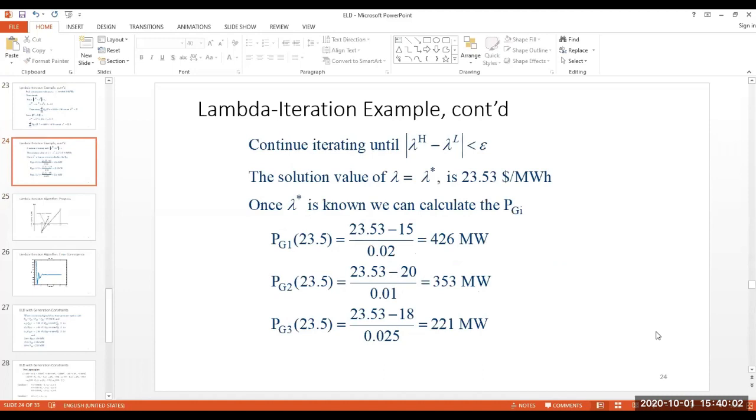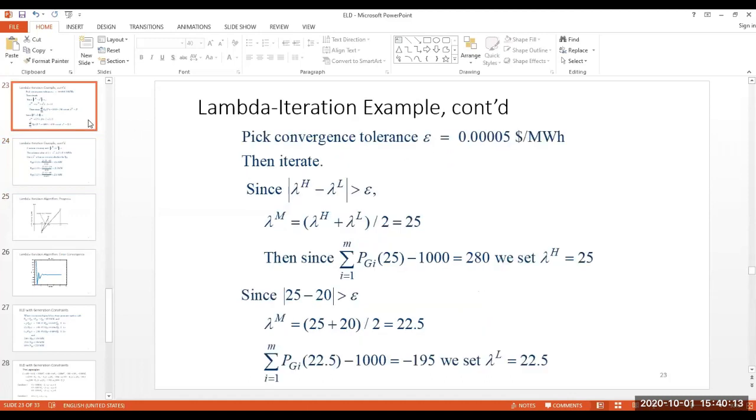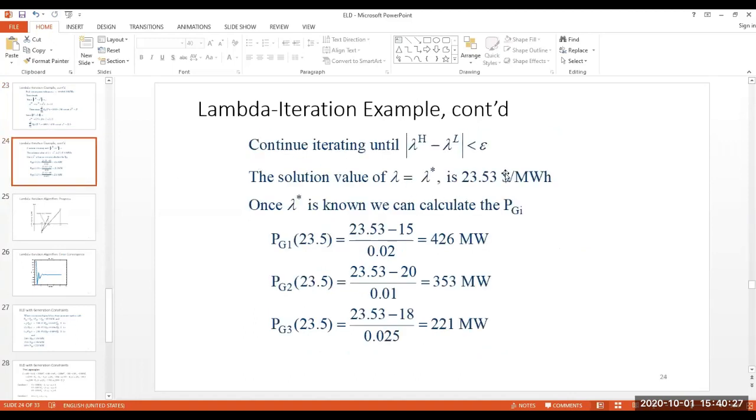So the final solution is in between 25 and 22.5. We started from 25, jumped down to a lower value of 22.5, but after the required number of iterations, the result is in between those two values.